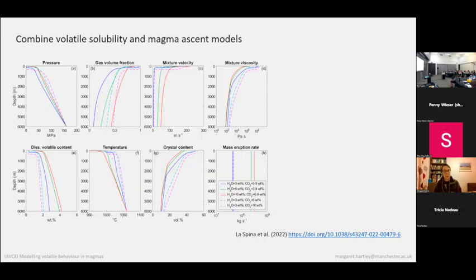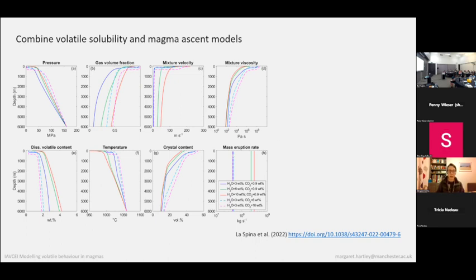Another example that we haven't really looked at is trying to combine solubility models with magma ascent models. This is a model from Giuseppe La Spina, where he is using a conduit model to calculate various parameters as a magma is ascending. The bulk composition for the starting material is an alkali basalt from Etna.